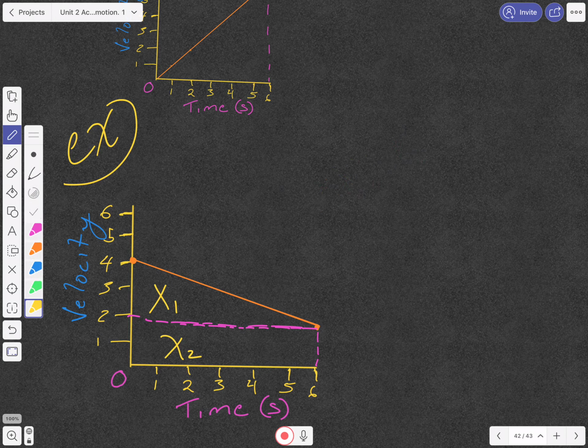So now our delta x1 is going to equal, remember we said 1/2 because that's the formula for a triangle. 1/2 of the height, which is from 2 to 4. Our 2 to 4 is going to be 2 meters per second, 4 meters per second minus 2 meters per second.